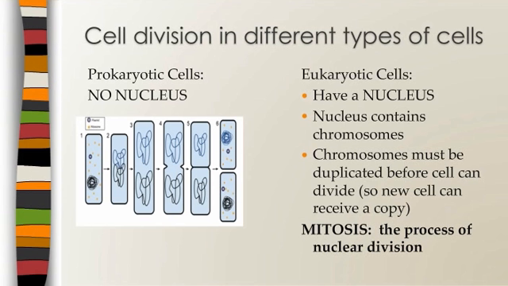So the special name for the process in eukaryotic cells is mitosis. You have a place to define mitosis on your graphic organizer. The process of nuclear division in eukaryotic cells. Nuclear referring to the nucleus of those cells.